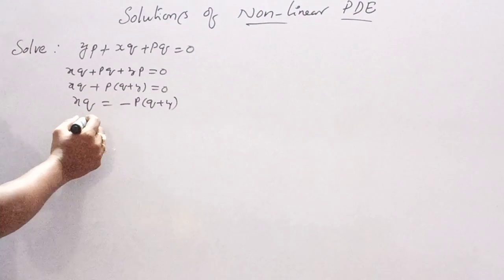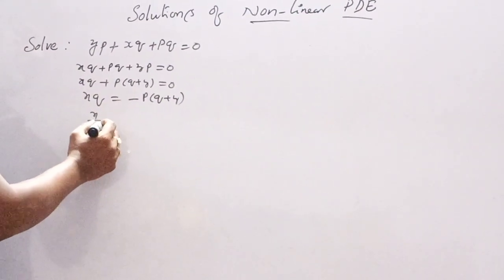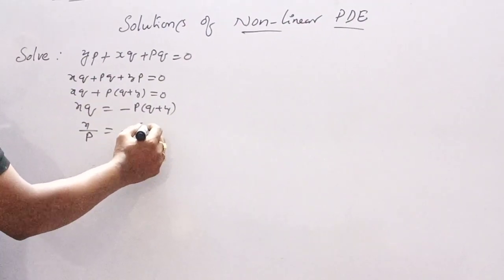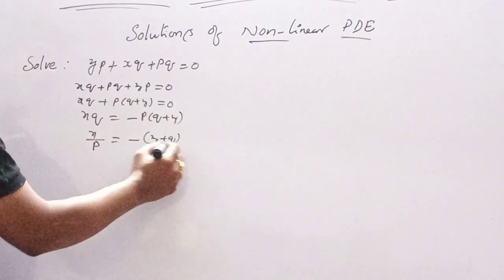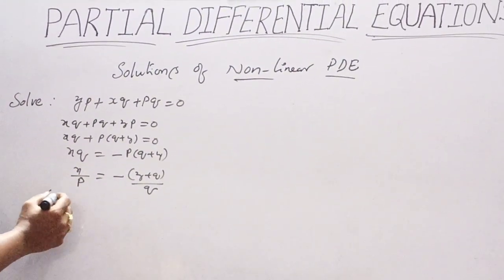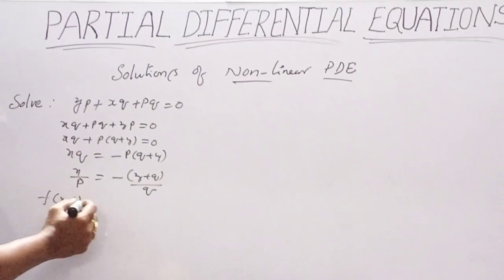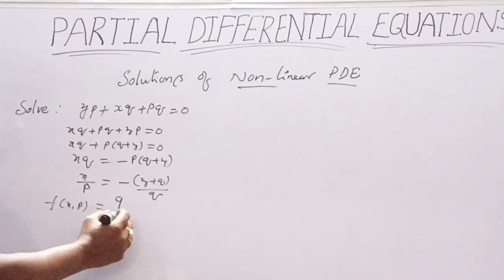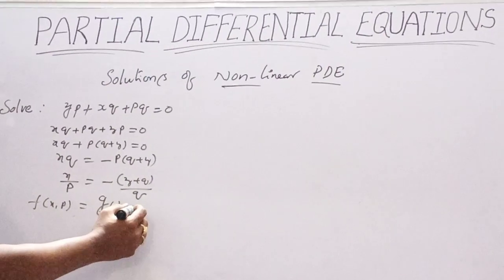Again you rewrite x by p equals minus (y plus q) by q. So this is a function of x comma p, and this is a function of y comma q.